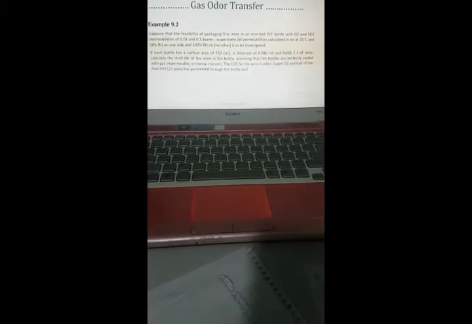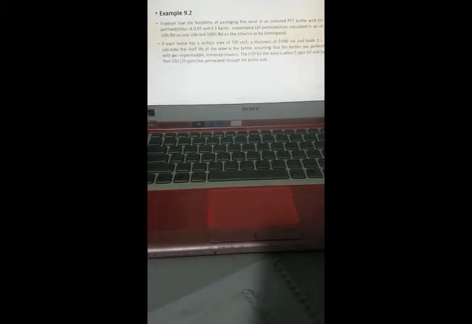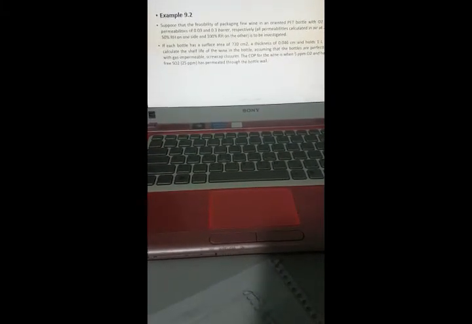All permeabilities are calculated in air at 25 degrees Celsius and a relative humidity of 50% on the one side and 100% on the other. I'm writing the given as I am reading the question.